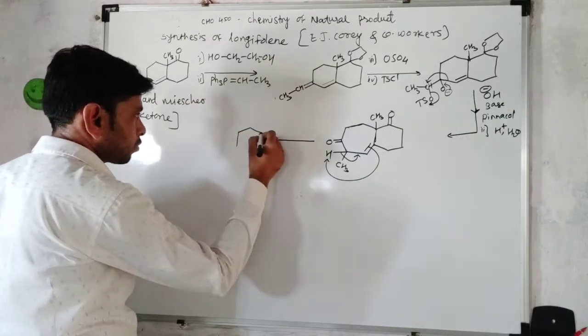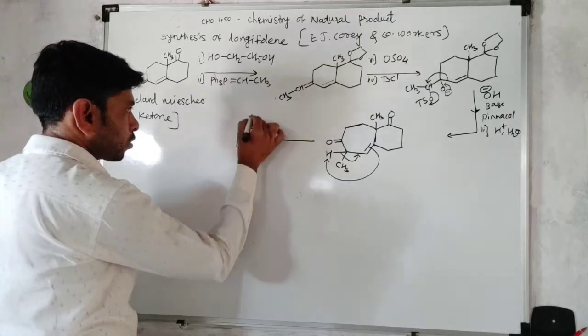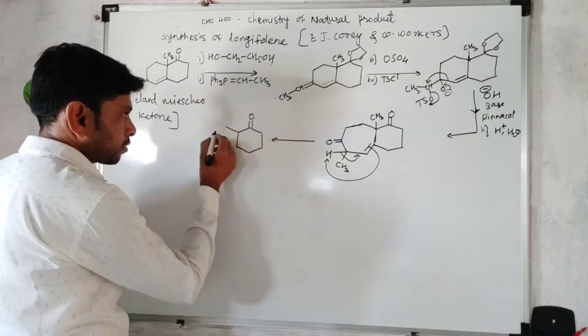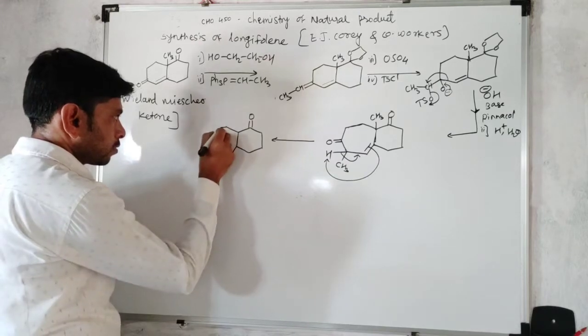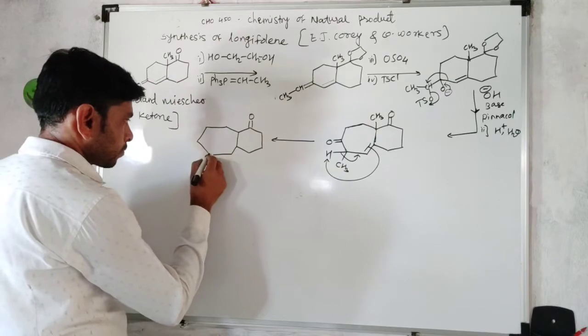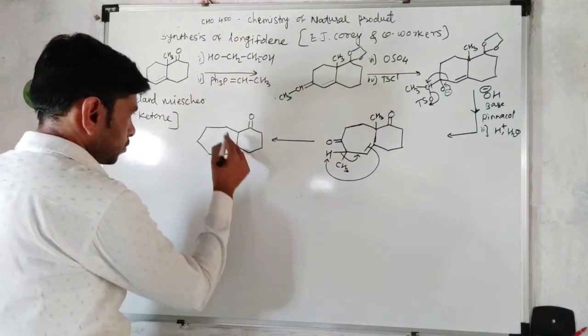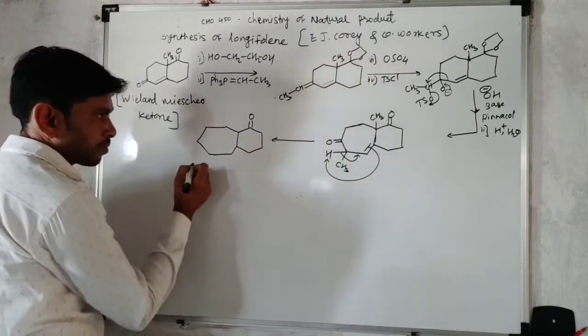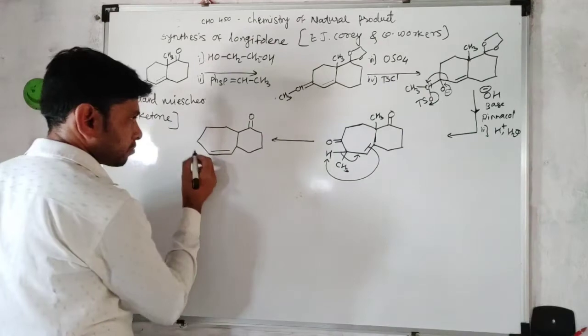So for the conjugated molecule, we have to write this molecule here. So double bond, and here, this molecule, 7-member ring, and this double bond is shifted here.